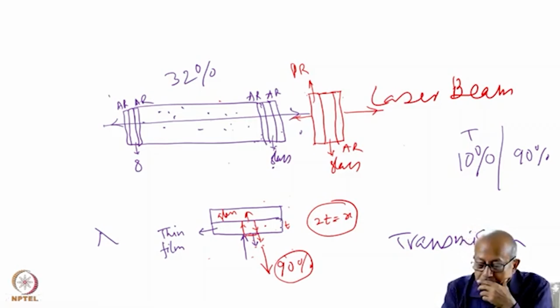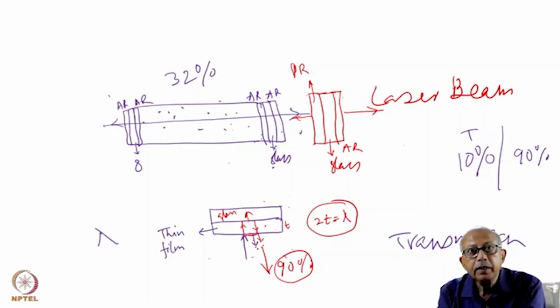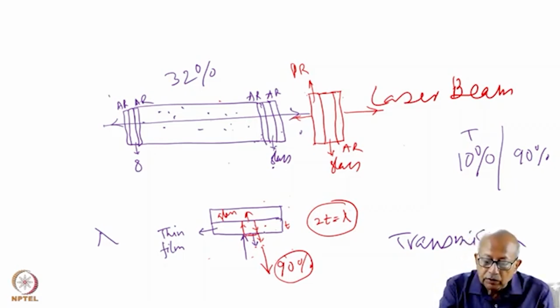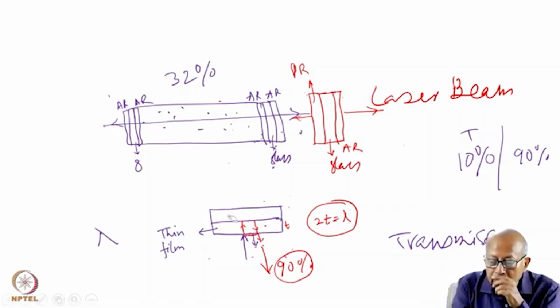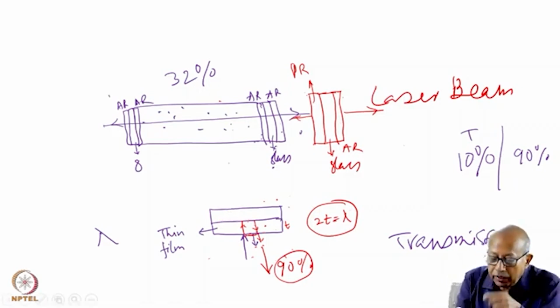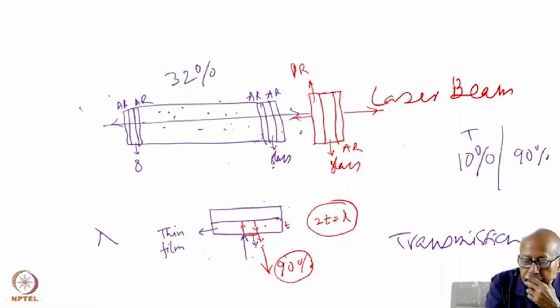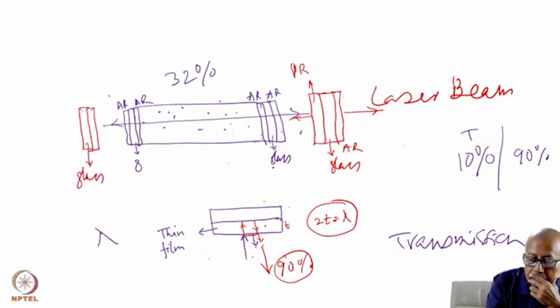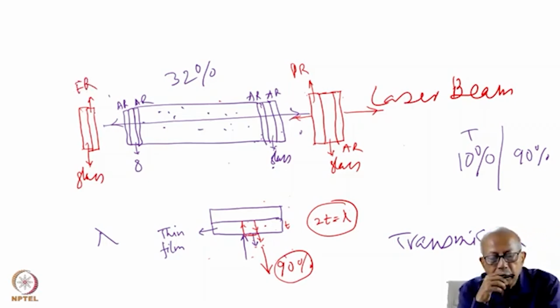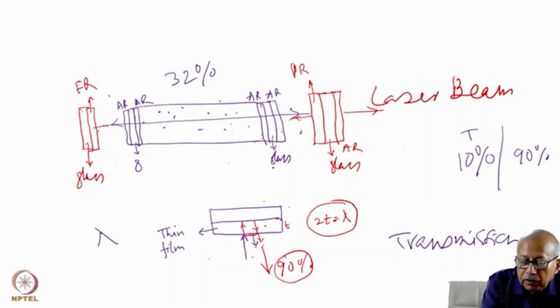So if the path difference, this 2t becomes lambda, then they will completely reinforce. That means the entire energy returns back. Nothing goes in. And because nothing goes in, you don't need to do anything here. So then, for this mirror, this is glass. This is fully reflective coating. So this will offer 100% reflection.